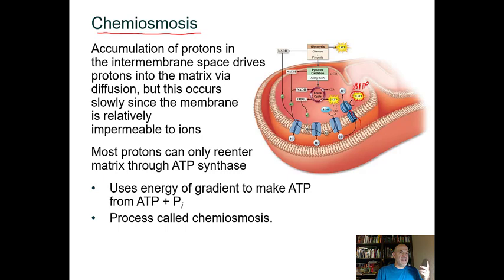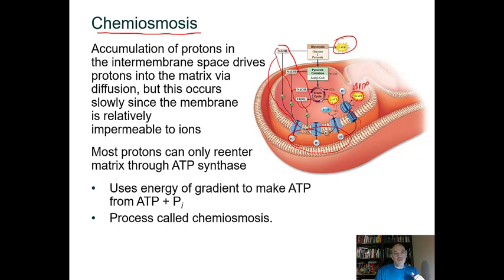Just before we got here, we only had 4 ATPs produced during the whole time, right? There was 2 produced here and 2 produced here for each glucose molecule. 28 more were able to be produced by the energy that was still carried by those carriers that brought electrons to the electron chain. And that energy was indirect through the process of chemiosmosis when we increased that concentration gradient, pumping lots of protons in here.